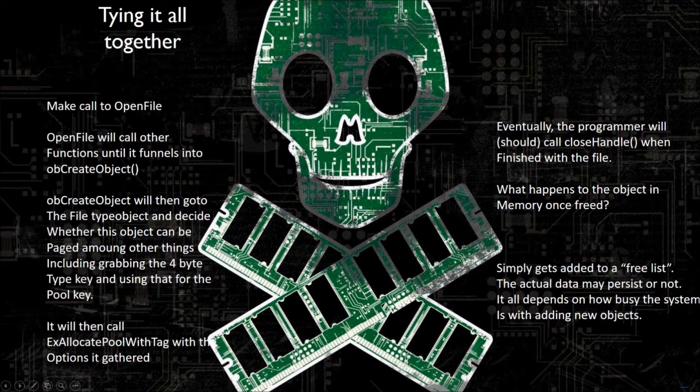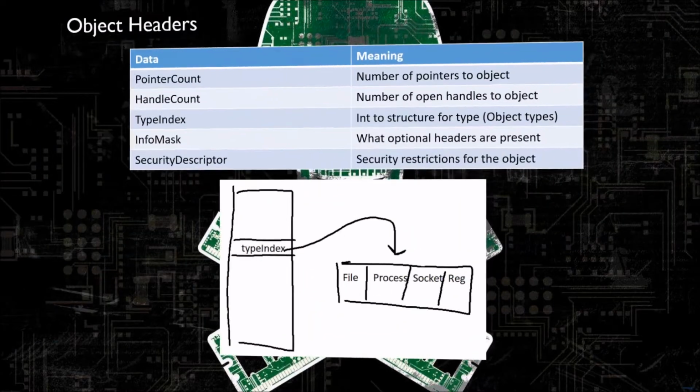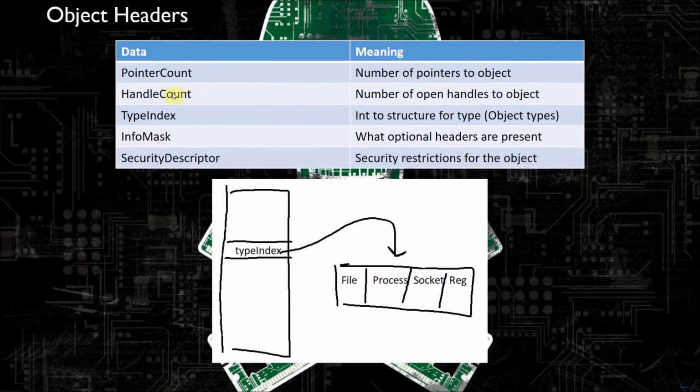So let's consider the case where you don't close that handle. If you recall previously, when I discussed the handle count, when the handle count becomes 0, this object will get put on the free list, meaning it's available for deletion whenever it's convenient. If I never call CloseHandle, this handle count never gets decremented.